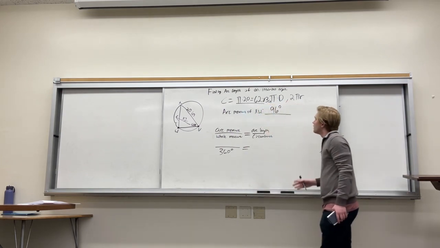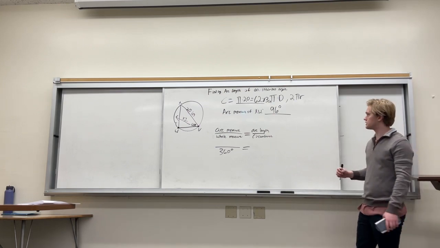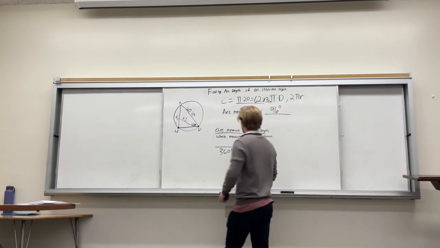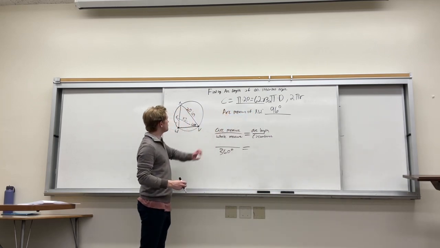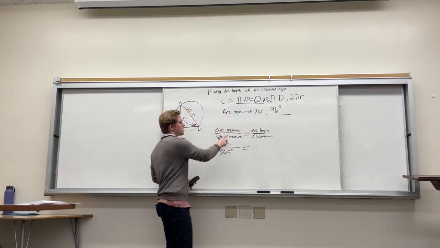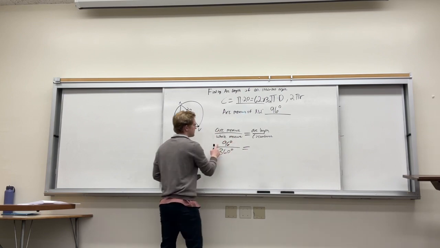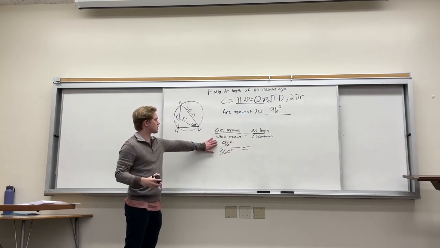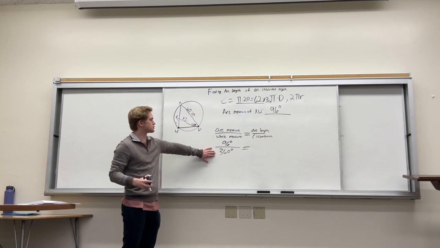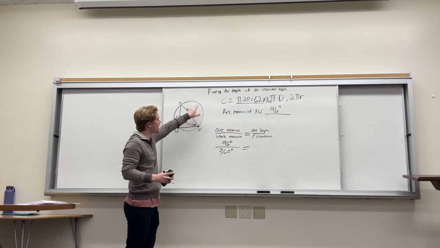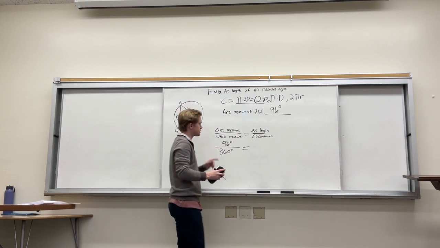Now we have all the information we need to solve for an inscribed angle. So, if we have the arc measure, which we saw was 96 degrees, we're going to put it as the ratio of our arc measure divided by the whole measurement, which is the whole measurement of the entire circle, which is 360.